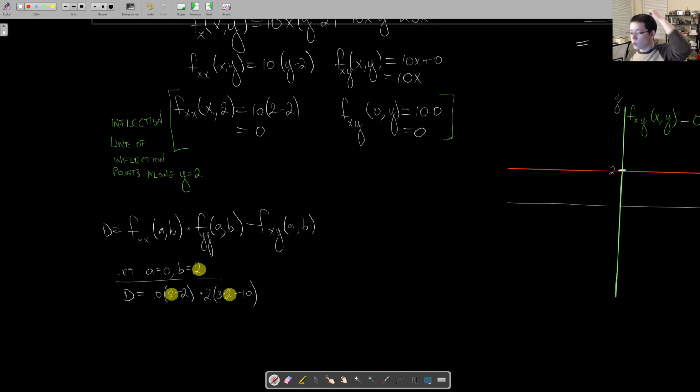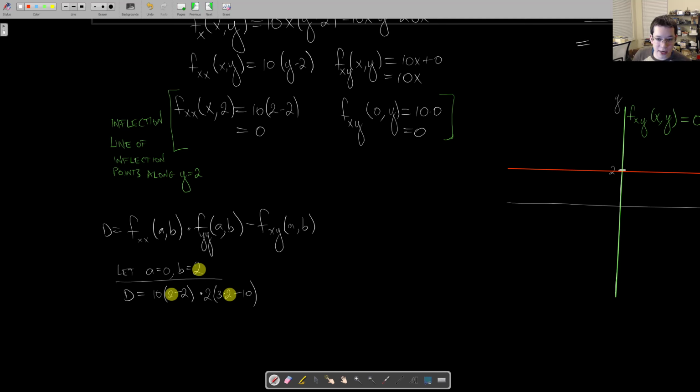And then we don't have to do both yx and xy because in all of the cases that you will probably see in Cal 3, unless your teacher specifies otherwise, they're going to be the same, because they break a bunch of rules if they don't.